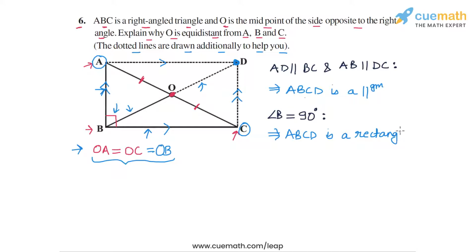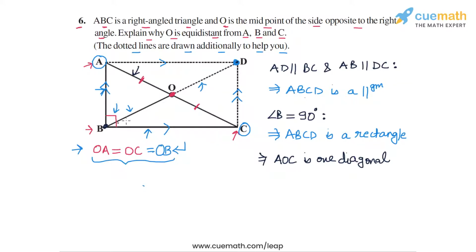And now this is quite awesome because this helps us conclude this result quite easily. We observe that one of the diagonals of this rectangle ABCD is this segment AOC. And what about the other diagonal? If we join the points B and D, it should also pass through the midpoint of AC, because the diagonals of a parallelogram bisect each other.